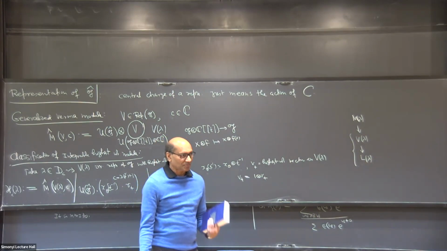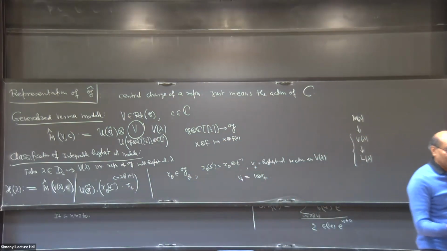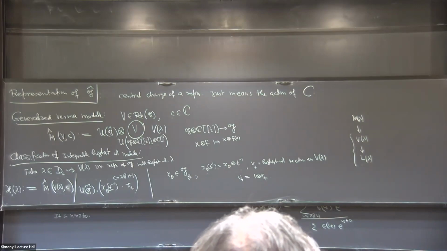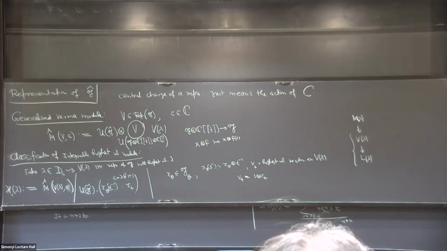So that's one proof. The other proof is to use complete reducibility for integrable modules, which are highest weight and hence completely reducible. You have to be a little careful in the affine case, because a priori you don't know complete reducibility. Though it is true that there is complete reducibility for integrable modules.